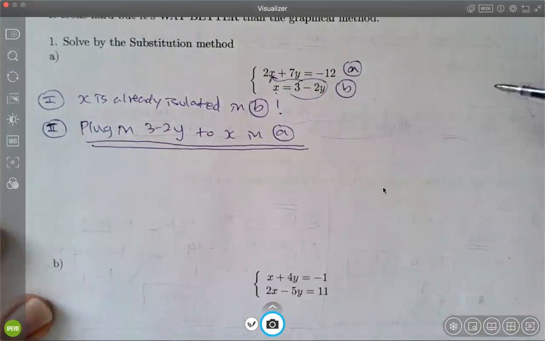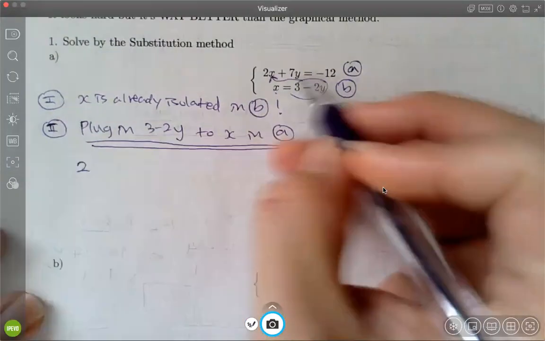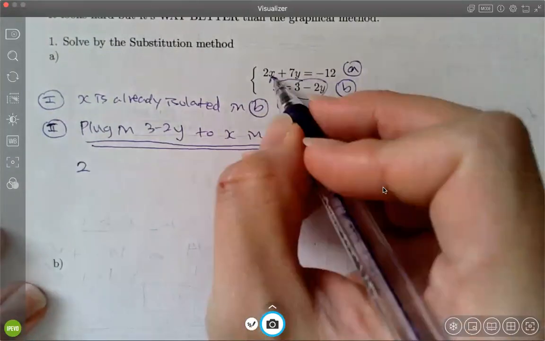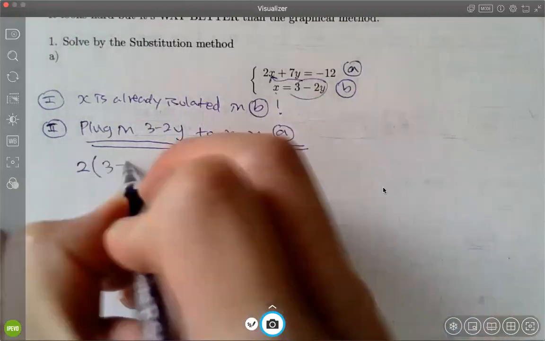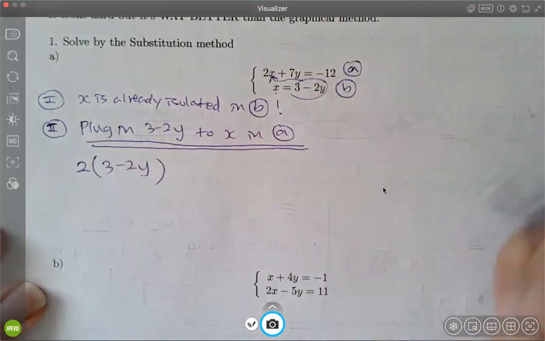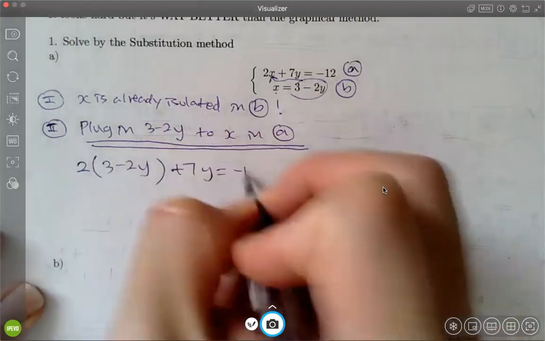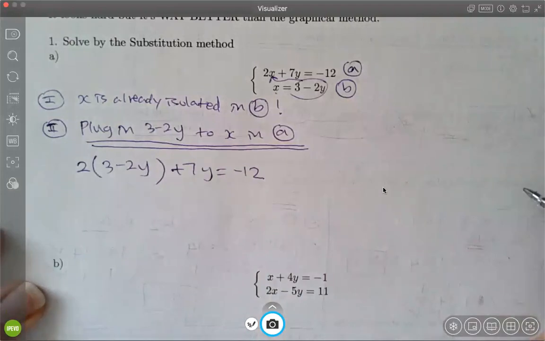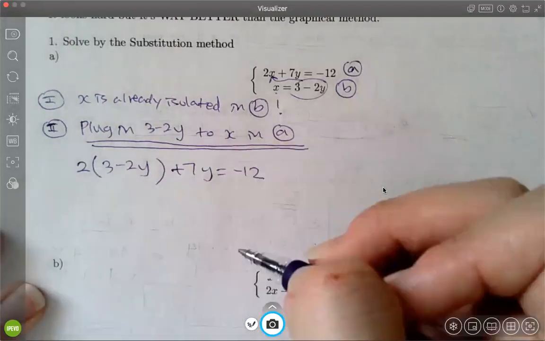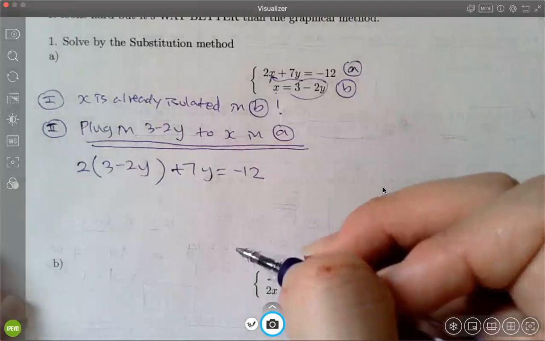So what do you get? 2 stays the same at the top, and then instead of x, you have times 3 minus 2y, plus 7y equals negative 12. Do you know how to solve this equation? It's just a simple linear equation.